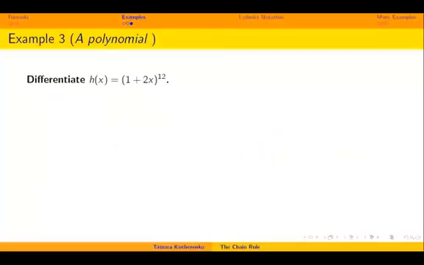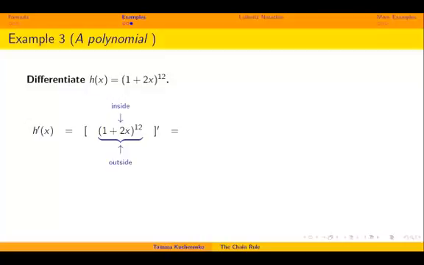Our third example is a polynomial. We need to differentiate h of x equals (1 plus 2x) to the 12th. H prime of x equals the derivative of (1 plus 2x) to the 12th. Here, argument to the 12th is the outside function, and 1 plus 2x is the inside function.